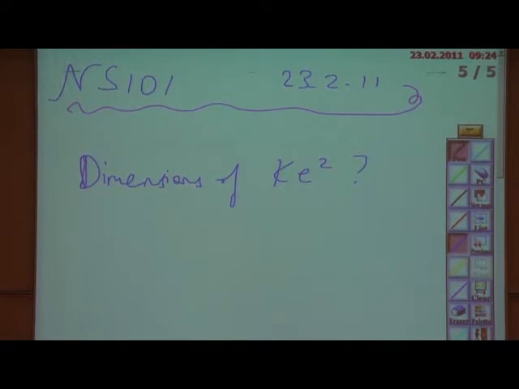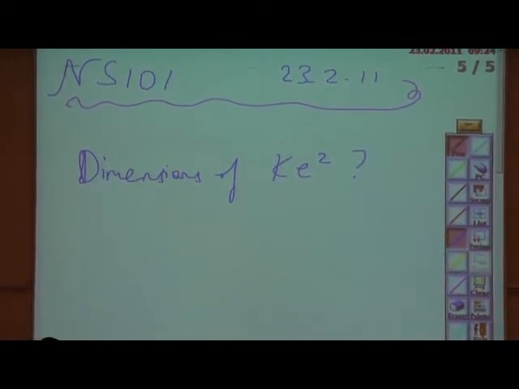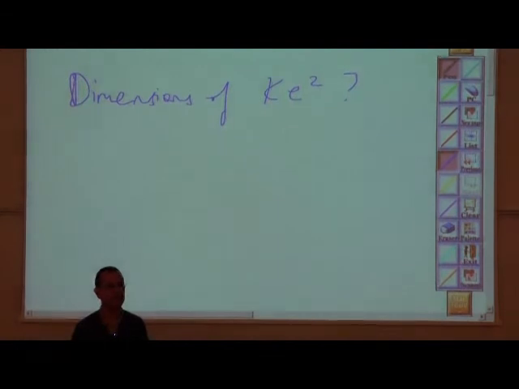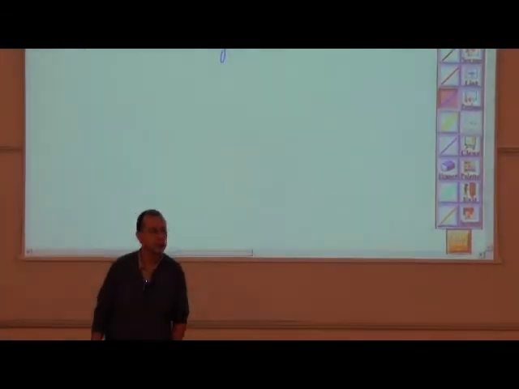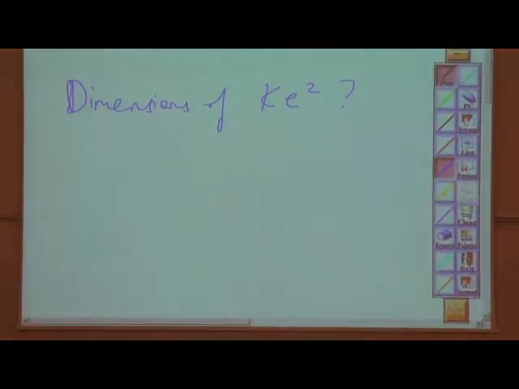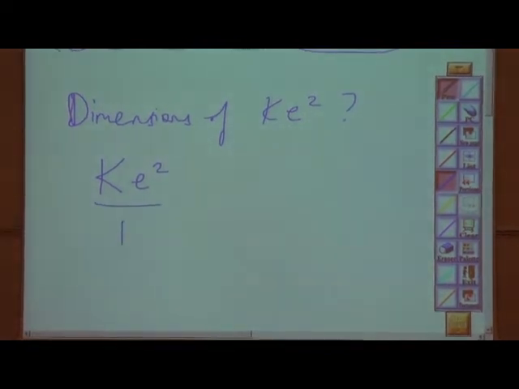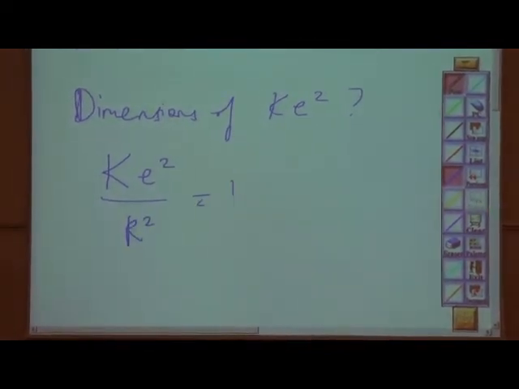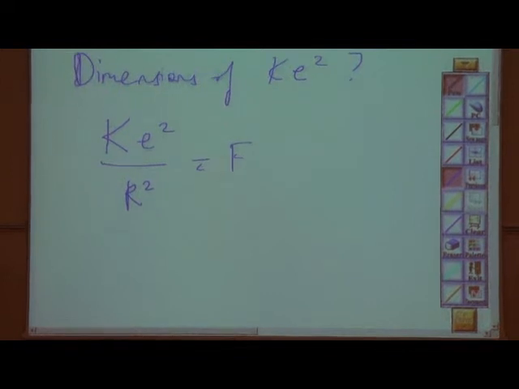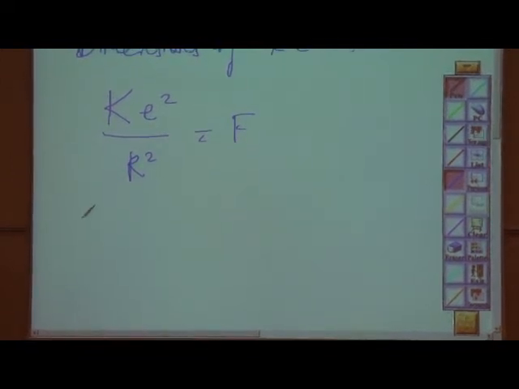Let's find the dimensions of this k e squared. k e squared over r squared is F. If I now write the dimensions of k e squared divided by, what is the dimension of this r? Well, what was r?